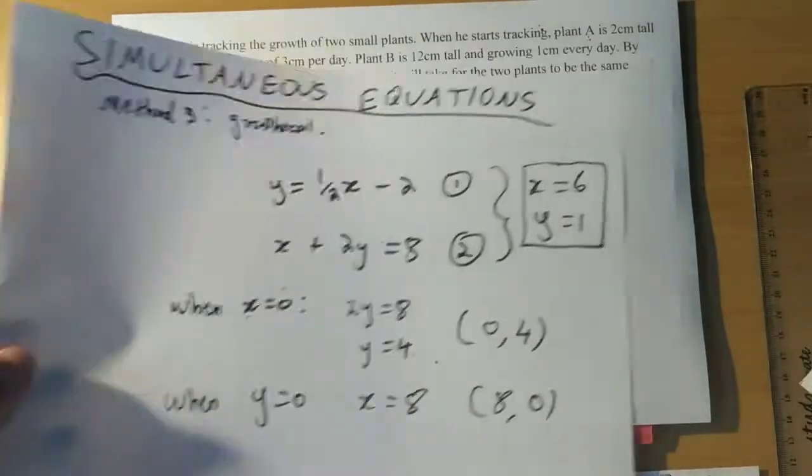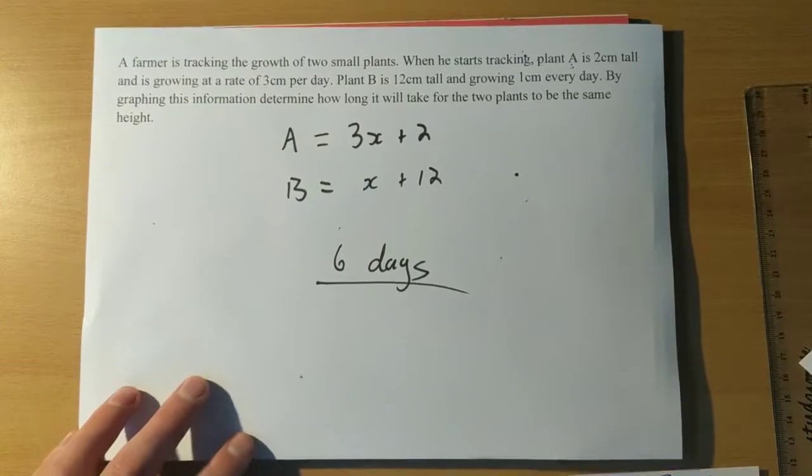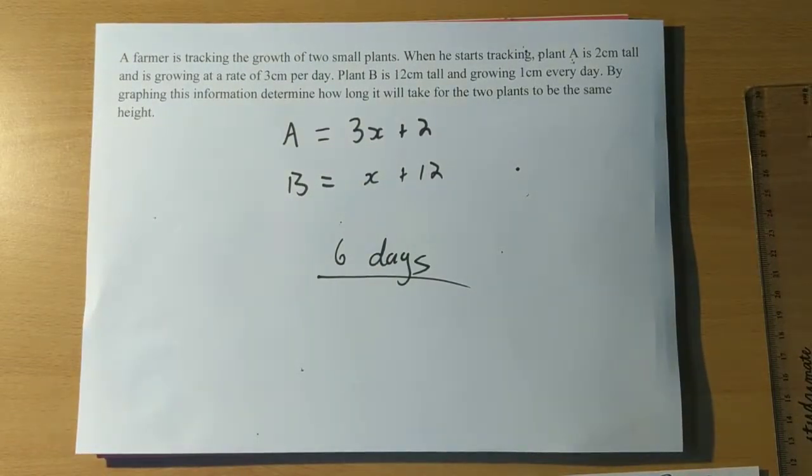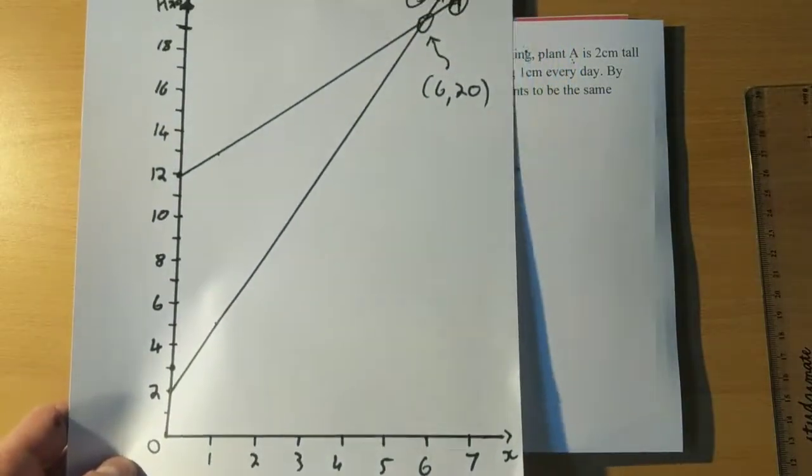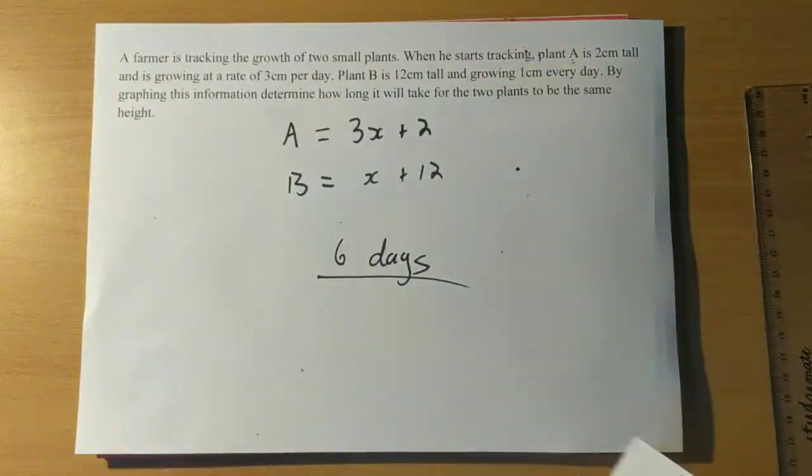And secondly, when we have these worded questions, we can often get 2 linear equations which we can graph to solve them simultaneously like we did there. The most important thing to remember is that the point of intersection on the graph is the solution to the simultaneous equations.